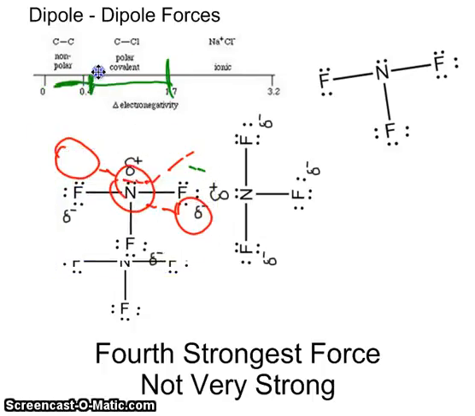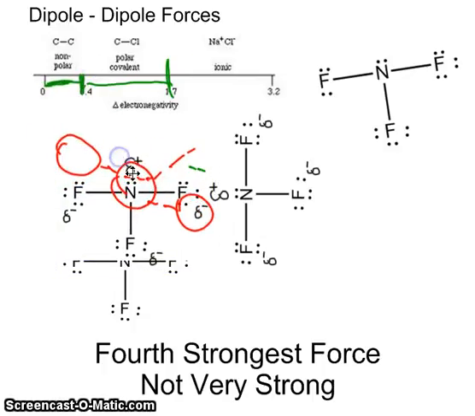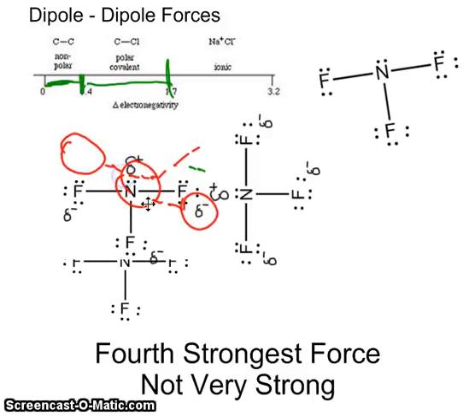You're using this scale to figure out how strong the dipole is. The stronger the dipole, the stronger the forces, and the more likely it is to be found as a liquid or maybe even a solid. It could be a solid, but most likely it's going to be a liquid.